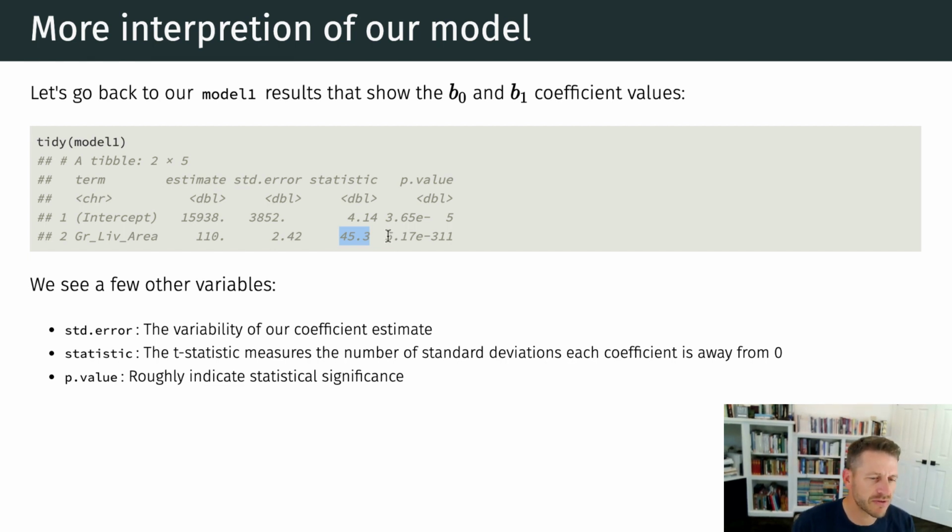And lots of people are familiar with the p-value. The p-value is typically measured relative to a value of 0.05, right? So lots of times what we say is, is the p-value less than or equal to 0.05? If so, lots of times we'll say it is statistically significant.